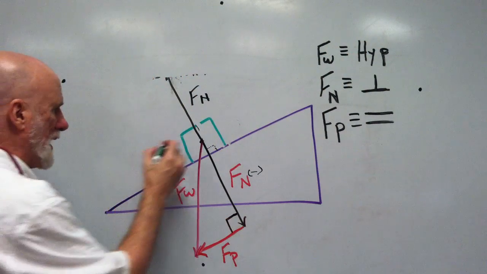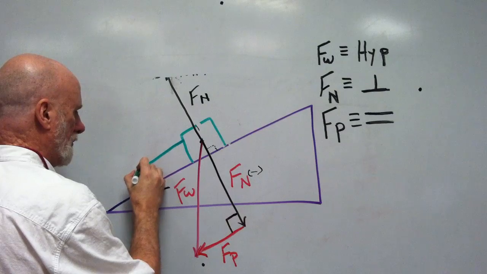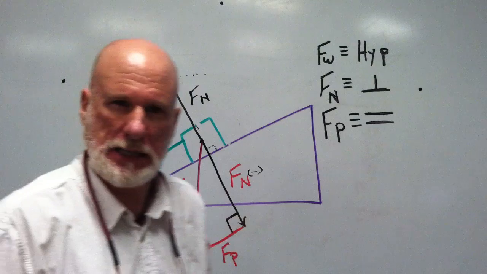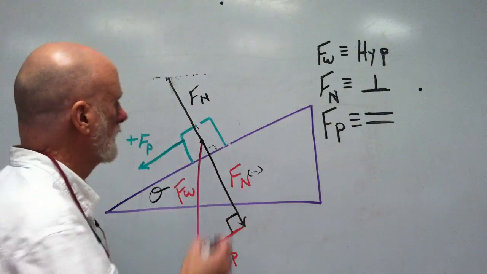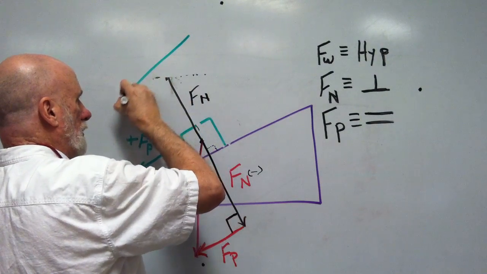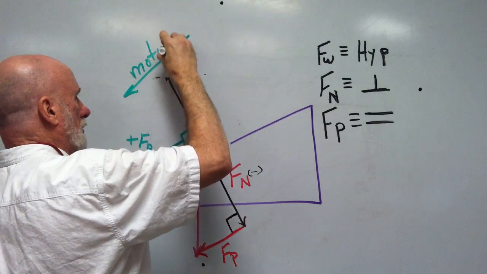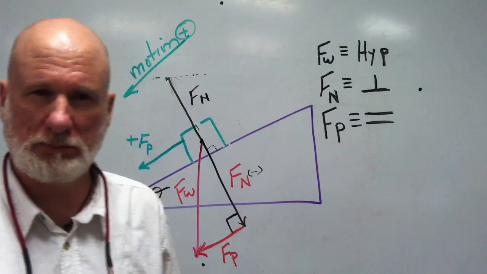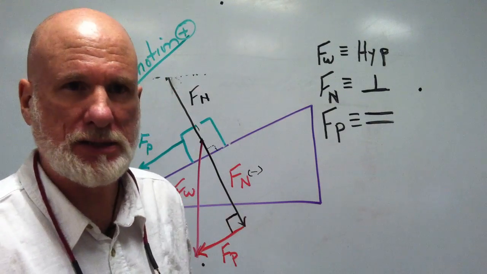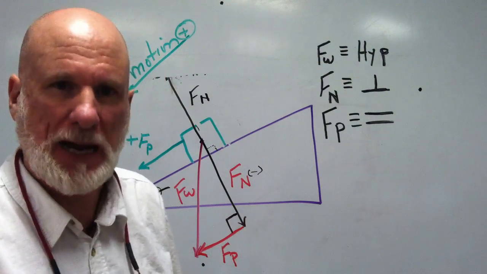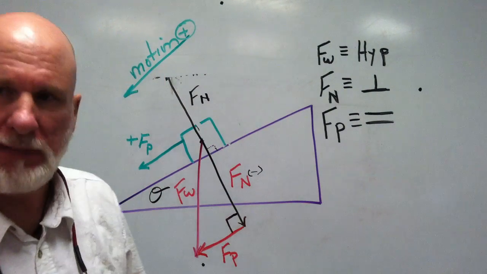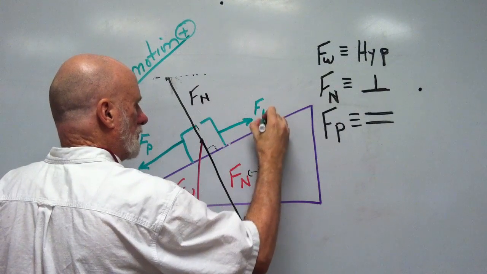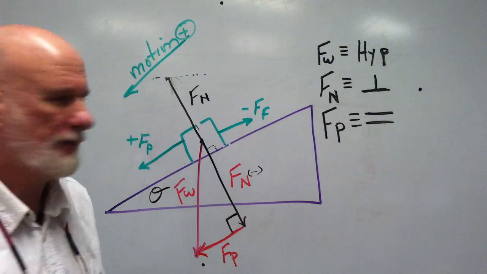So I can make that positive. I'll draw in another vector. I like to draw this one in. That's the motion. Tells you where the motion's going. If the motion is down, motion's positive. Fp is down, Fp is positive. Friction, negative.